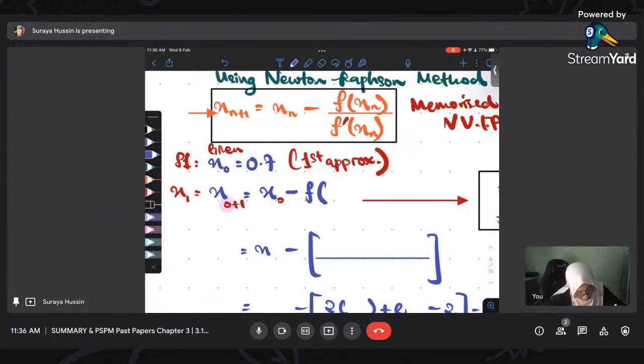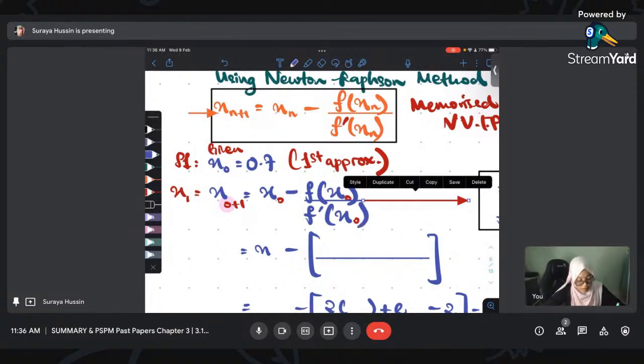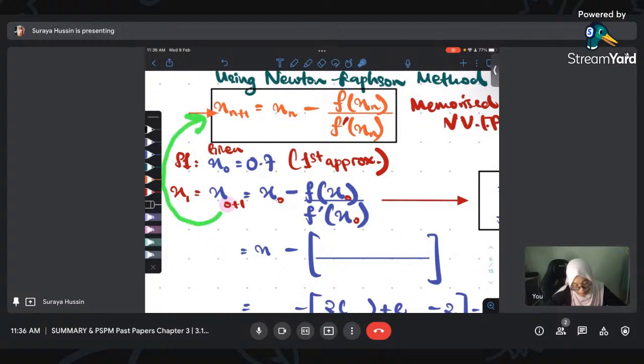So f(x naught). Tutup bracket. F prime(x naught). Do you understand that I'm just trying to use this formula?